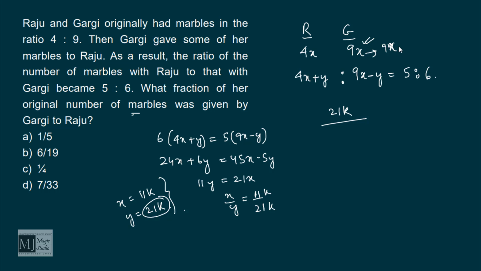The original number of marbles is 9 into x. 9x would be 9 into 11k, that is 99k. So the fraction we are looking for is 21 by 99. We can cancel this with 3. 3 times 7 is 21, 3 times 33 is 99. So the fraction is 7 by 33. Option D.